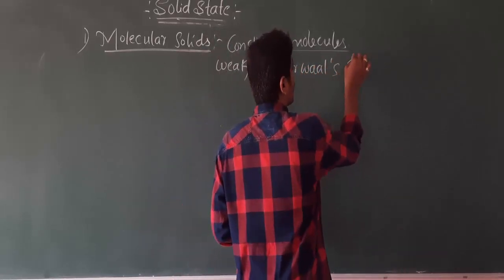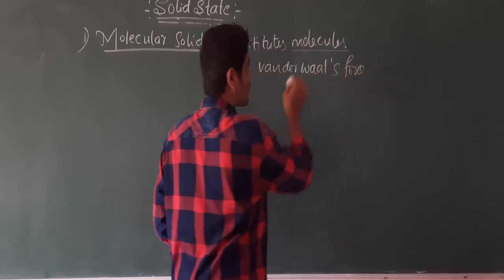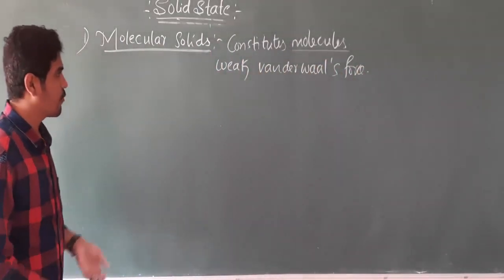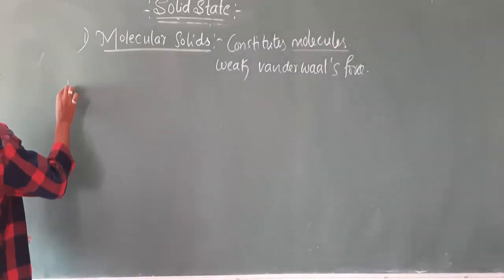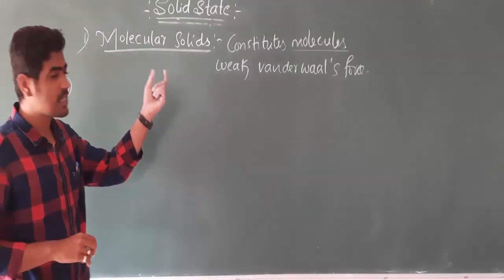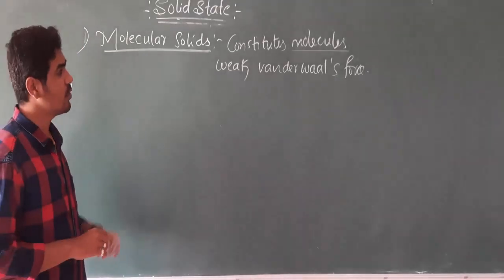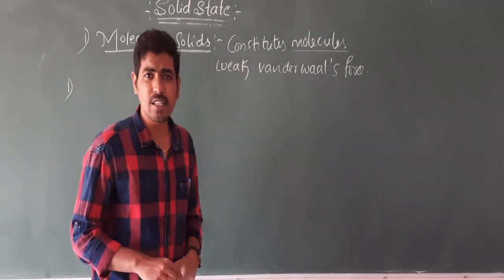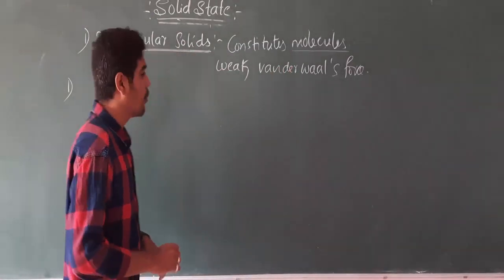Based upon which type of van der Waals force is present between the molecules, they are further classified into three types. The molecular solids are further classified into three types based upon the van der Waals forces which are acting between the molecules.